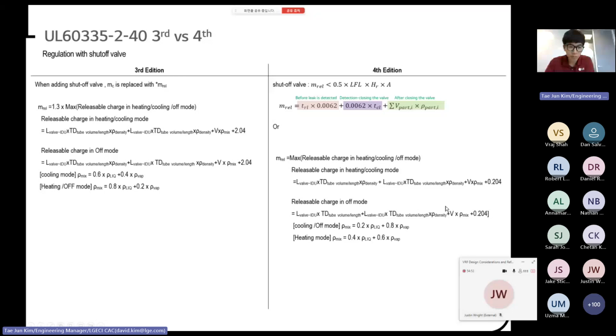And the formula itself is different. The formula basically is the liquid line volume, vapor line volume, and the indoor unit coil volume. And this 0.204 is basically the refrigerant leak while it is detecting. And the refrigerant leak while it's detecting is obviously significantly lower on the 4th edition compared to the 3rd edition. So there's a big difference between the 3rd and 4th.